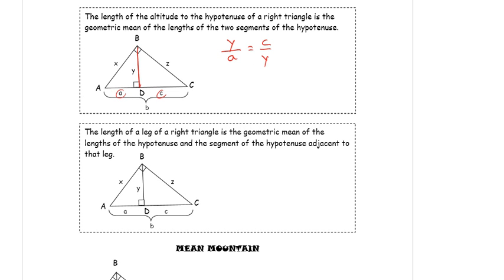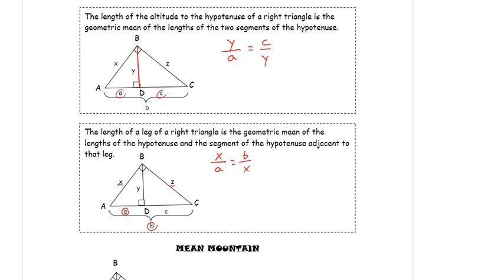The other one we'll look at is that the length of a leg of a right triangle, so the length over here, or the length over here, is the geometric mean of the length of the hypotenuse and the segment of the hypotenuse adjacent to that leg. So again, kind of wordy, okay, but I'm going to explain exactly what that means. So for x, for example, that would be x over A, so this side here, equals B over x.